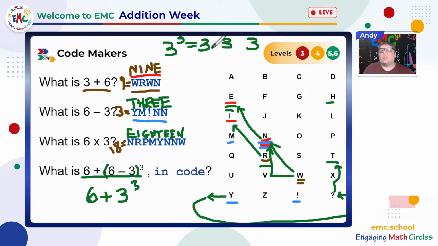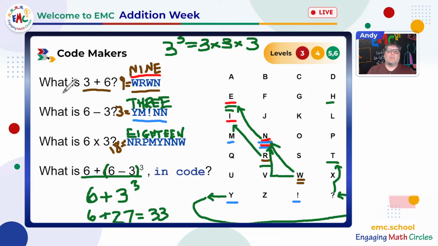And then we just multiply them all together. So it's a short way of writing 3 times 3 times 3. 3 times 3 is 9. 9 times 3, 27. So we get 27 from the exponent. And we're going to add our 6. So the answer is 33.